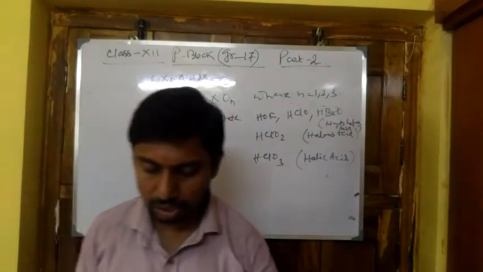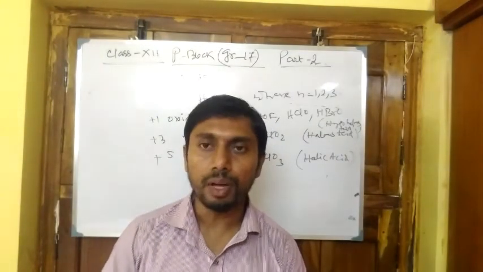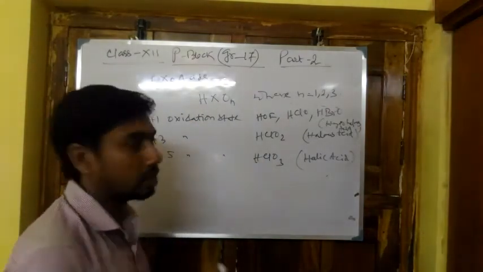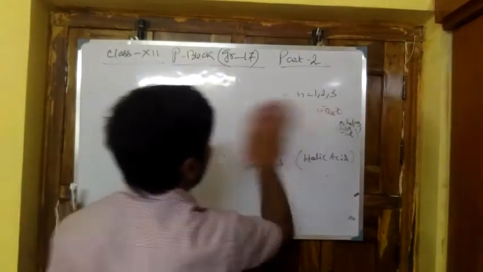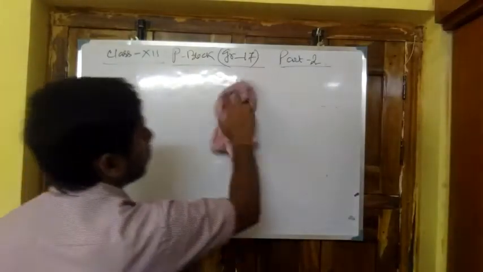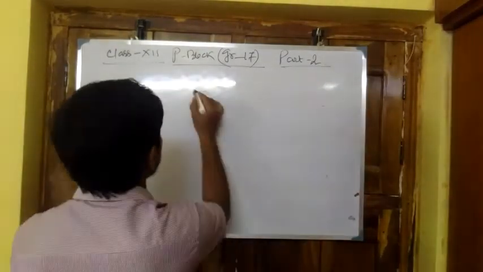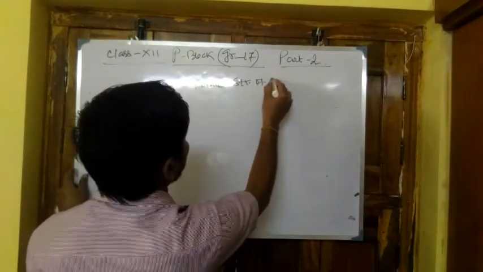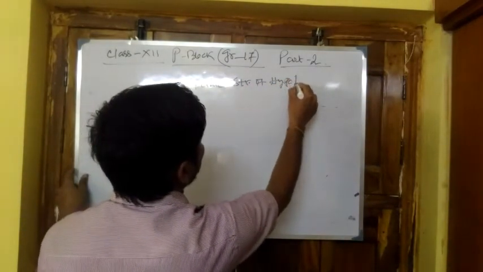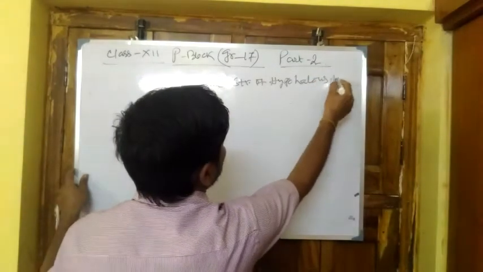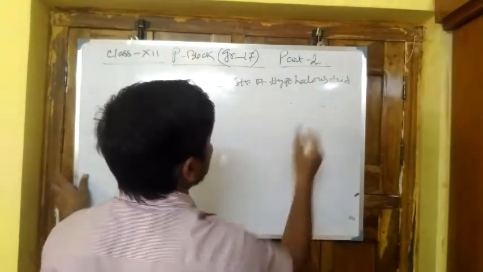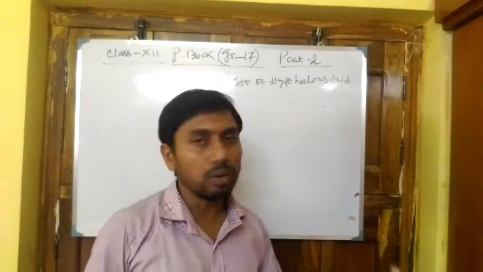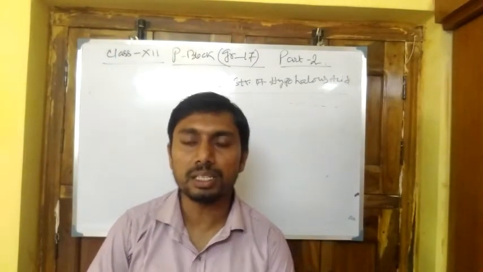Now there are some questions, that is acidic strength of hypohalous acid. As the electronegativity of the halogen atom increases, its acidic strength increases.